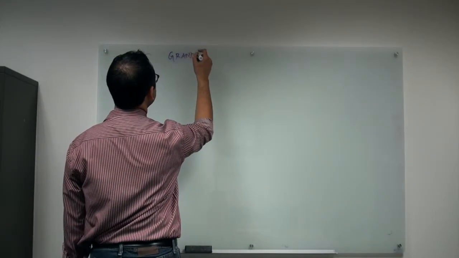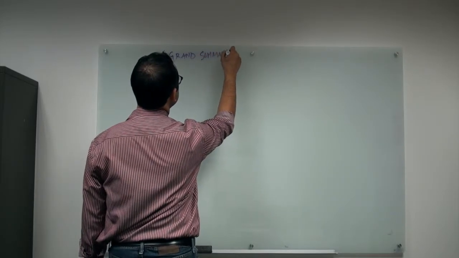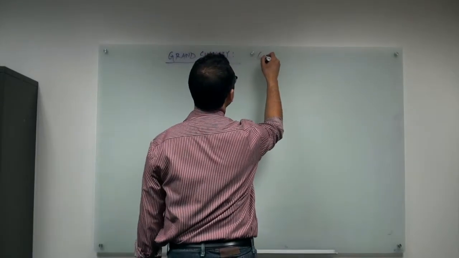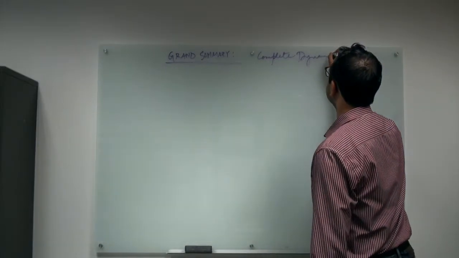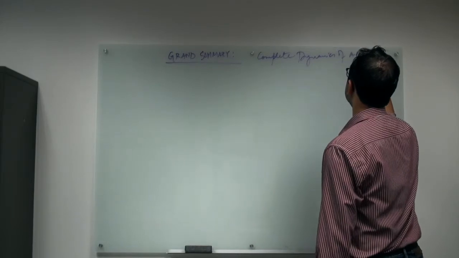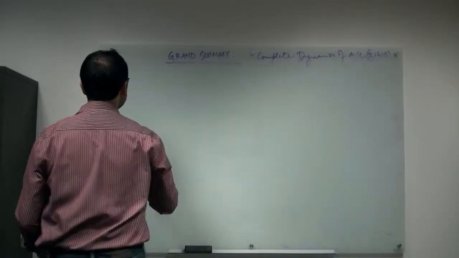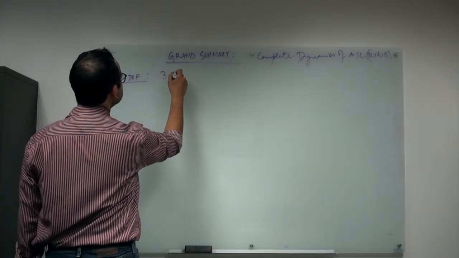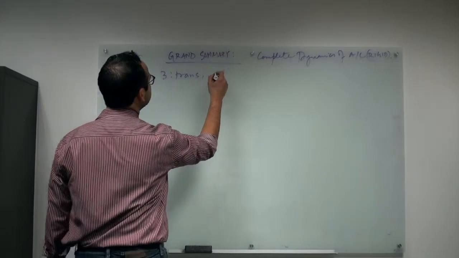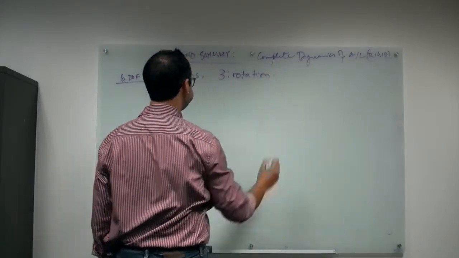This is the last page of the written notes. Complete dynamics of a rigid aircraft. Okay. There are 6 degrees of freedom. 3 in translation, and 3 in rotation.